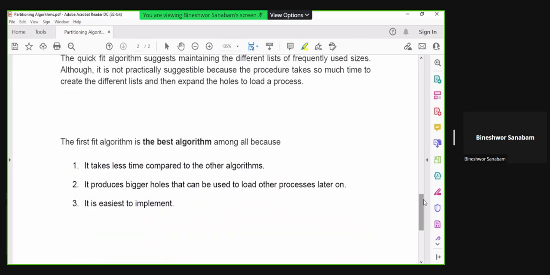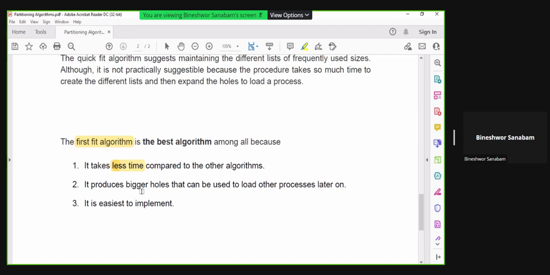So the note we can take from these algorithms is that the first fit algorithm is the best among all these five algorithms. The points are that it takes less time, and it produces bigger holes that can allocate processes later on.